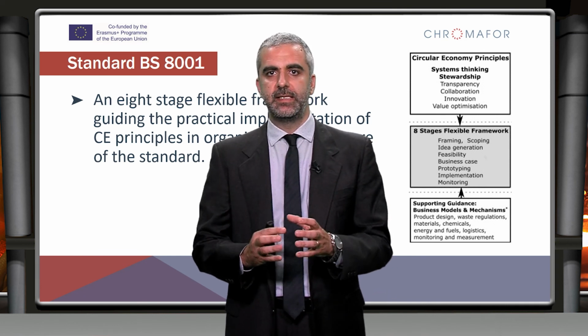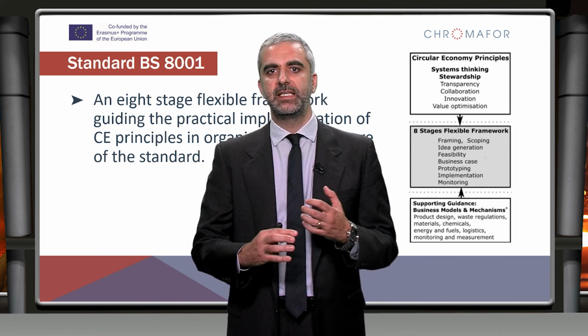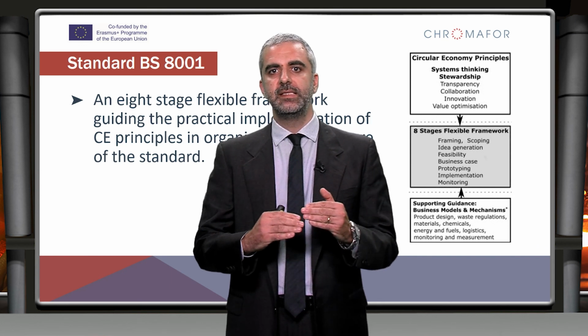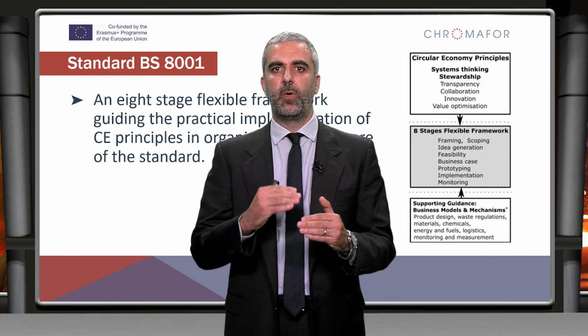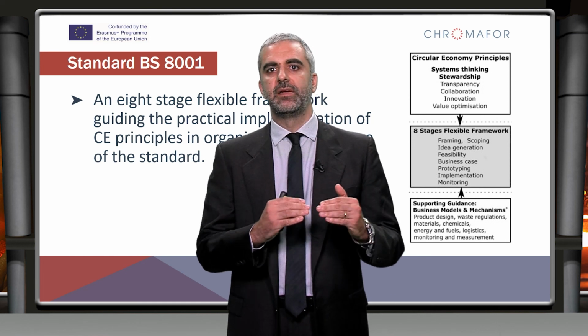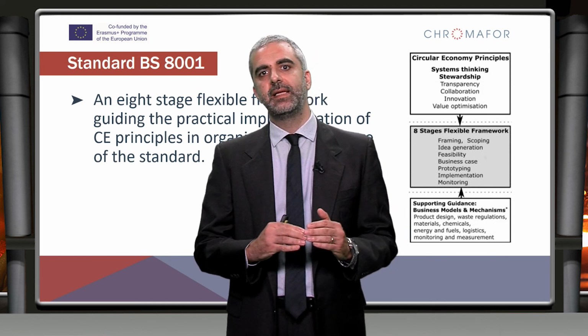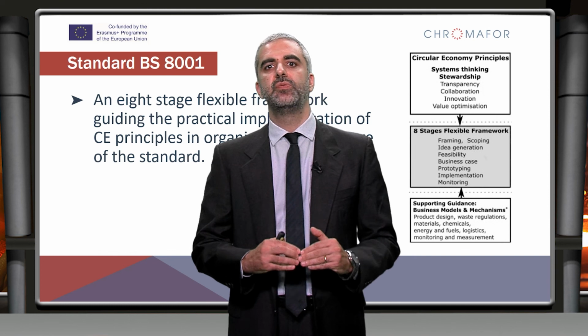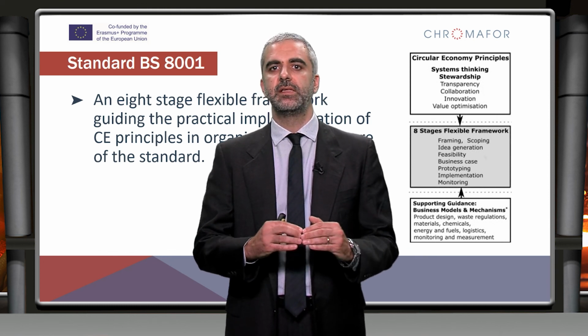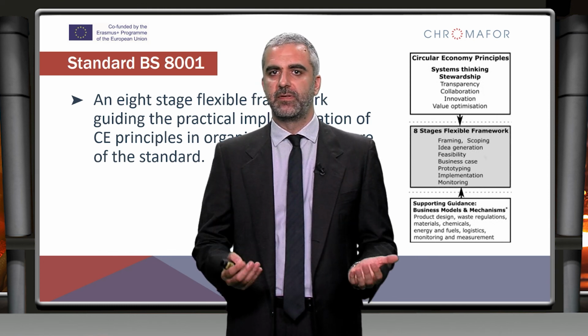However, even in this case, it's defined in a flexible way. That means that there is not a specified order of the steps that the company has to follow, but there is some flexibility according to the activities of the company, according to the internal organization.